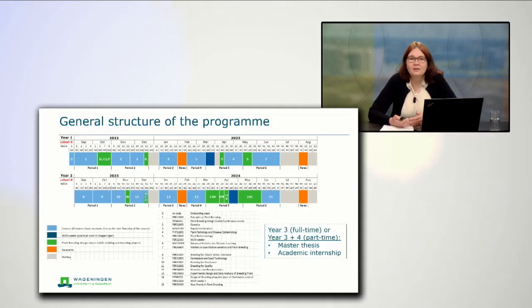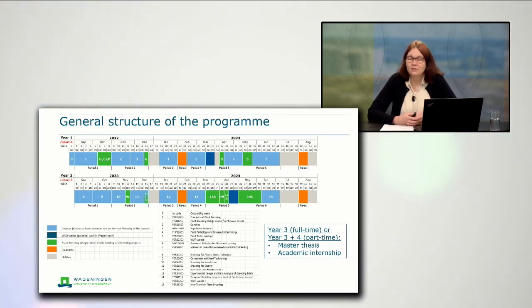Yeah. So the picture shows the composition of year 1 and year 2, where the courses are offered, and then because it's finally leading to a full master's degree in year 3 or year 3+4, depending on the time available for studying, you can fully focus on the master thesis and an academic internship.